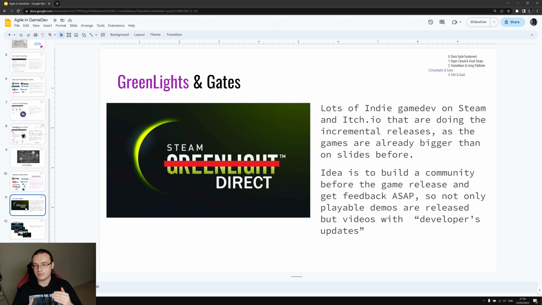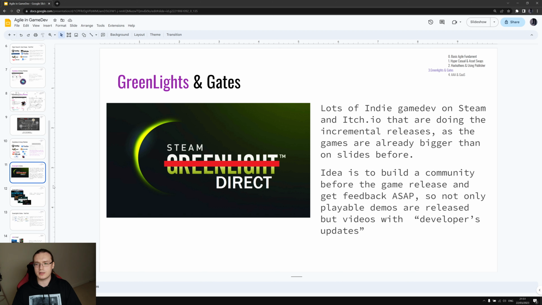Because all of the previous approaches were ones where you work on your game and then you show it to a publisher, or then you release it. Here, this is a little bit of another concept. You are trying to do some phases, almost like in gate-based development, and all these phases are actually shown to the public.